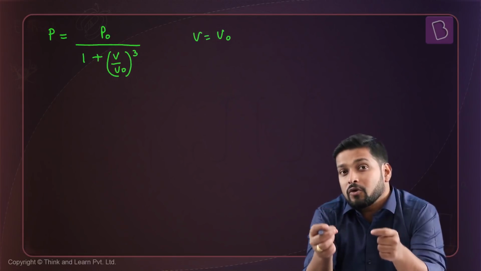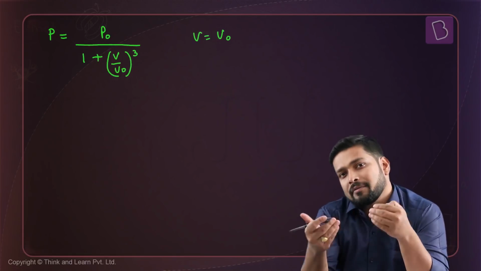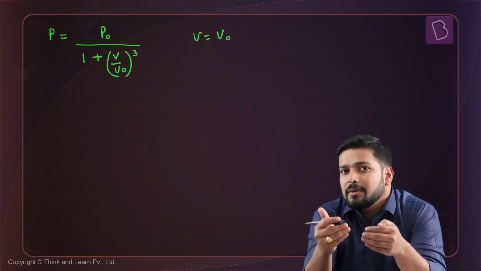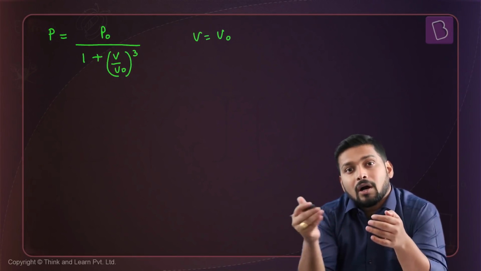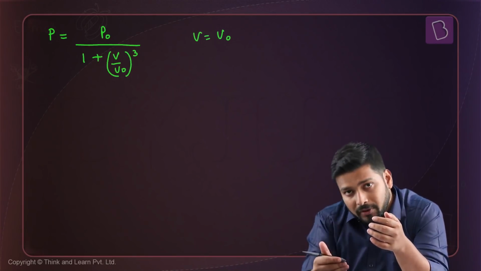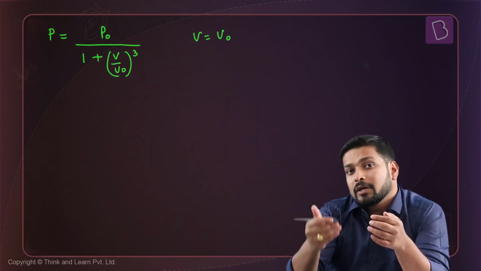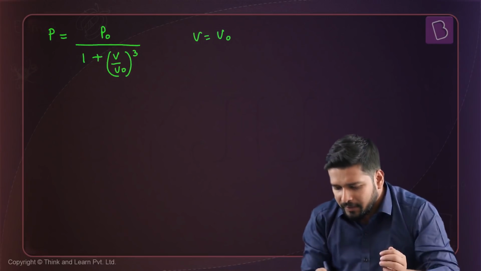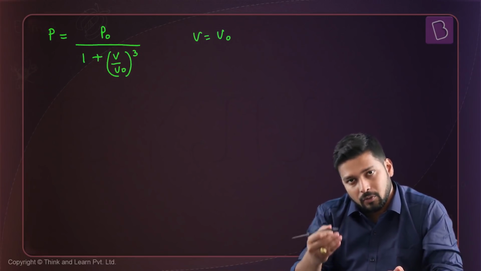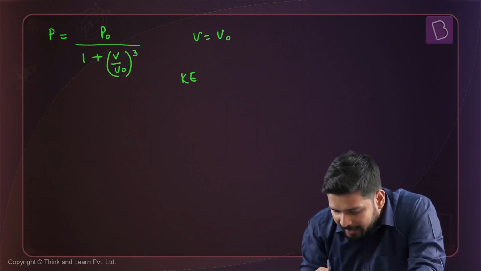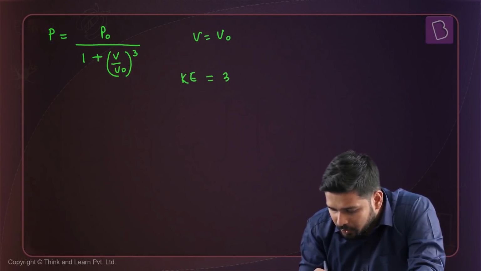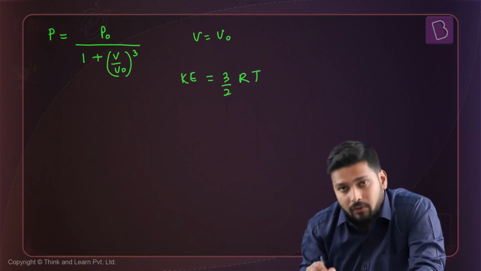So if you're talking about one molecule, the formula for average translational kinetic energy is 3/2 kT. But when you talk about 1 mole of a gas, that is equal to 3/2 RT, right? Since it's given that it's 1 mole, I can denote it by KE, that's equal to 3/2 RT. That's for 1 mole, right?